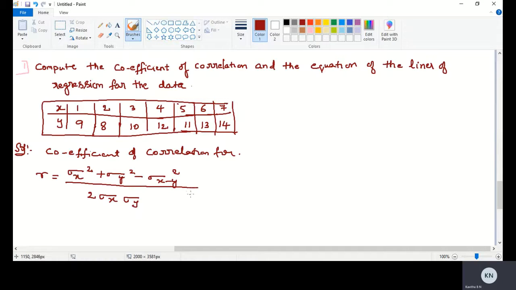Okay, and what are sigma x and the others? Sigma square.